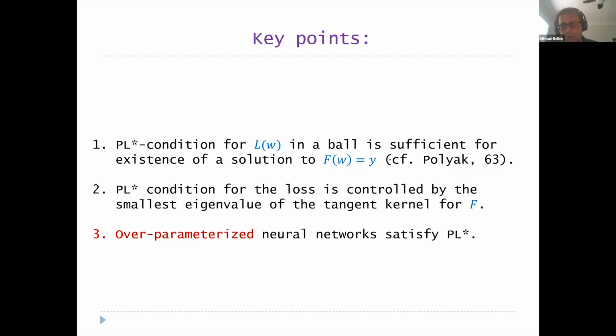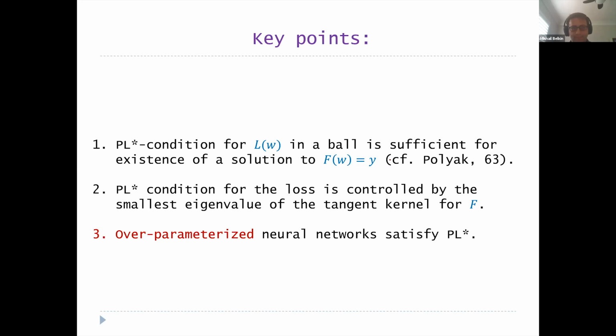And that's essentially the same argument as Polyak used originally for convergence of gradient descent. Second, the PL star condition for the loss function is controlled by the smallest eigenvalue of the tangent kernel, and I'll get to that very soon. And third, an over-parameterized neural network satisfies the PL star condition. Why? Because you can somehow control this eigenvalue. So that's basically the logic for the optimization part of the talk.